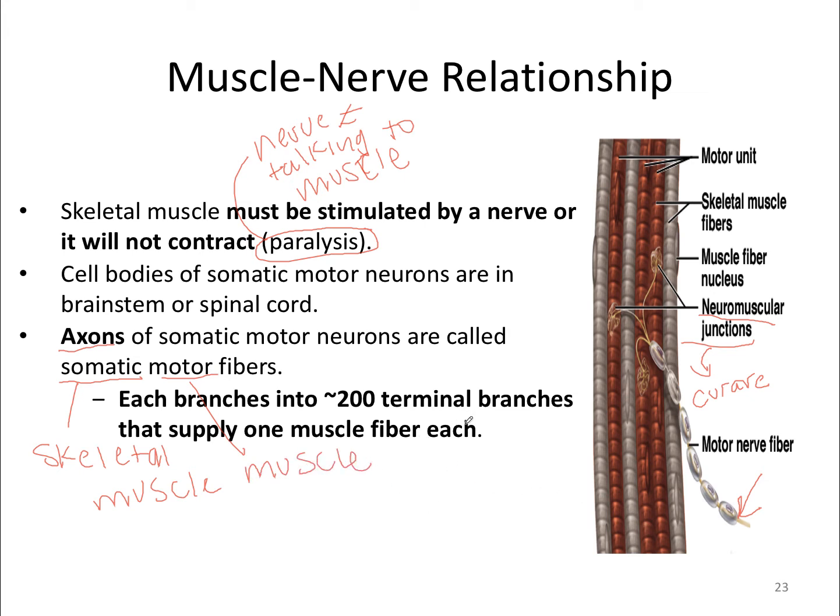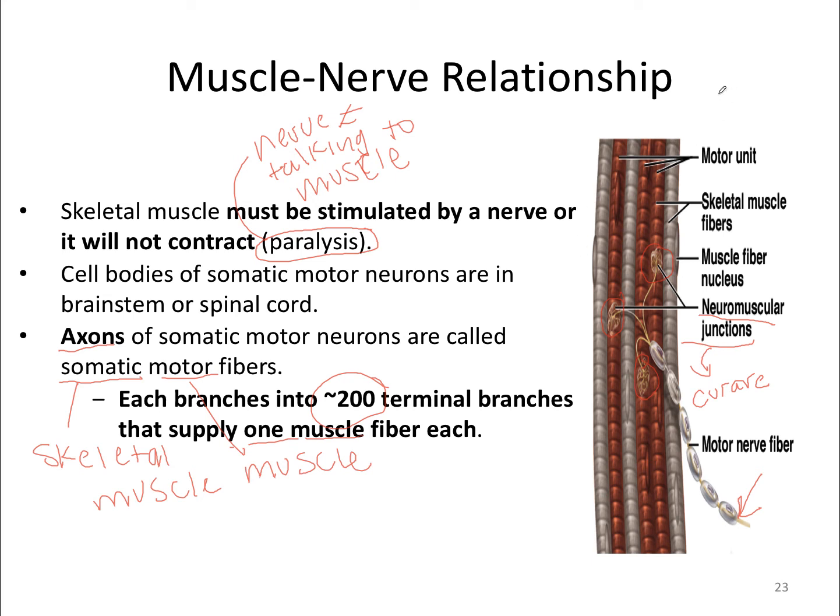Each of these motor fibers branches into about 200 terminal branches. There's a terminal branch, there's a terminal branch, there's a terminal branch. So one signal can potentially excite up to 200 muscle fibers. Each terminal branch only supplies one muscle fiber, so none of these muscle fibers are going to get another terminal branch from another fiber.